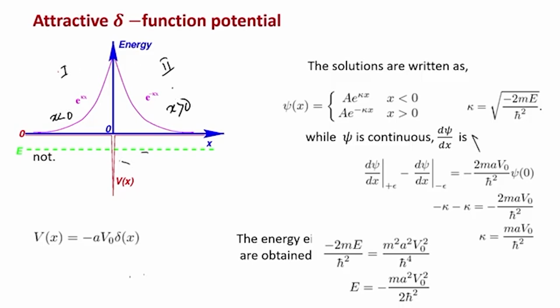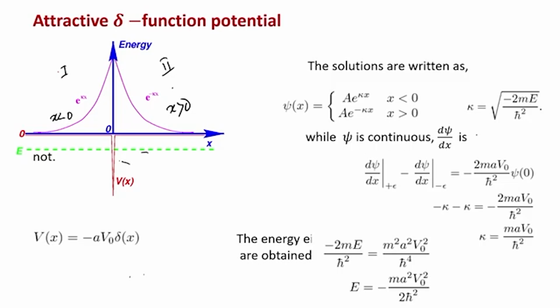The solutions are as follows: for x less than 0 it is A exponential kappa x, and for x greater than 0 it is A exponential minus kappa x, where kappa is given by the square root of minus 2mE by h cross square. Of course, E here means the modulus of E.